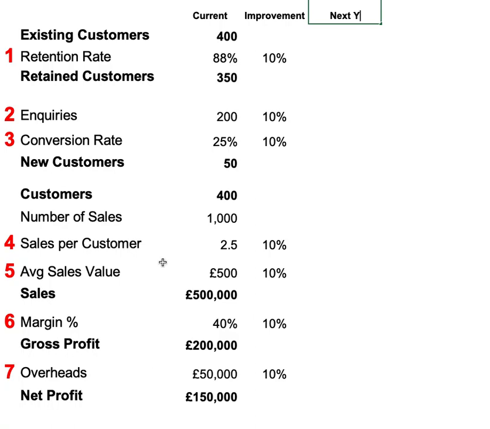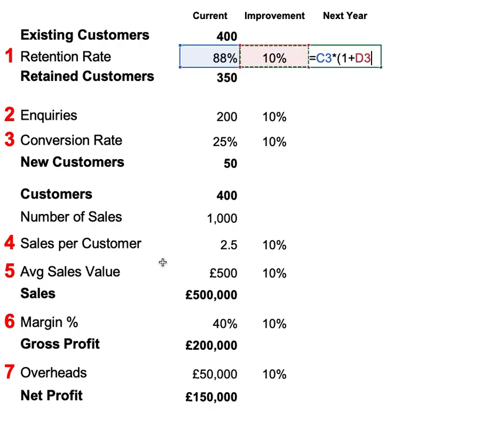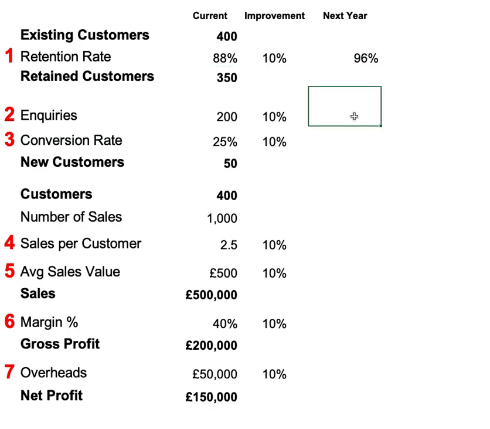Let's look at next year. So what would happen to our retention rate if we're successful in improving it? So 88%. Just make that a nice number. So 96%. We're going to increase the number of inquiries by 10%. We get 220 of those.